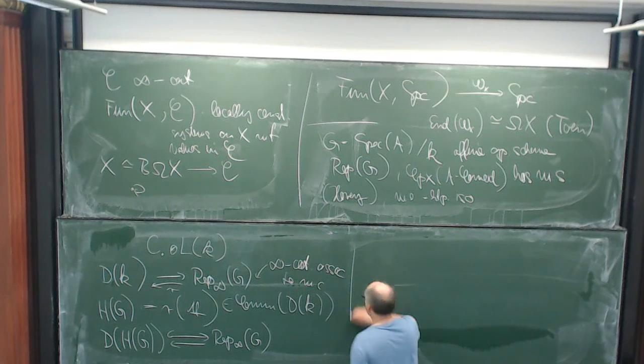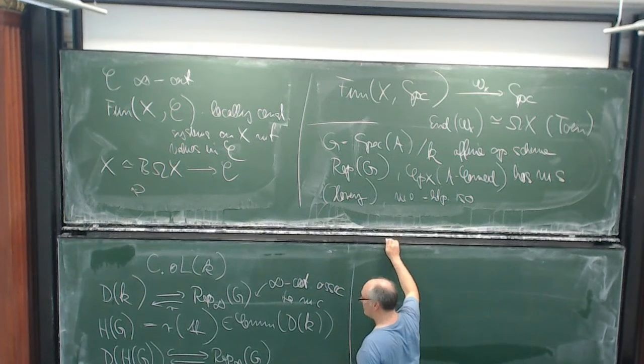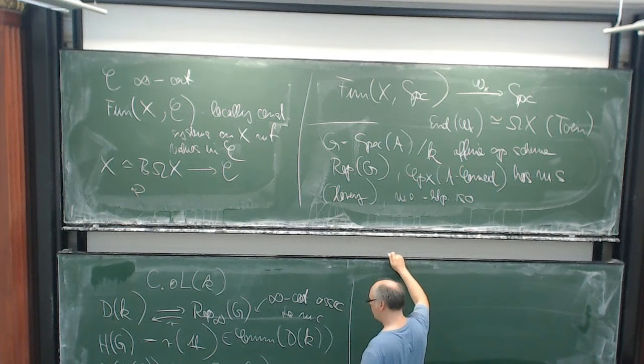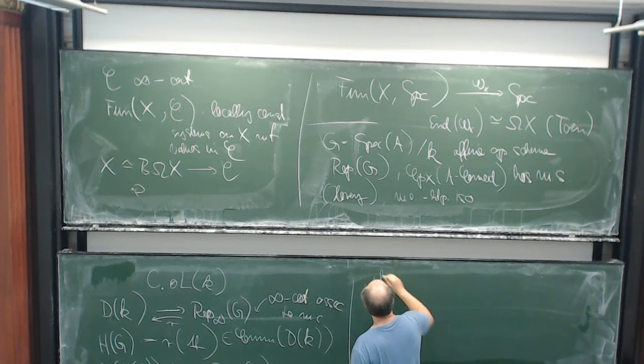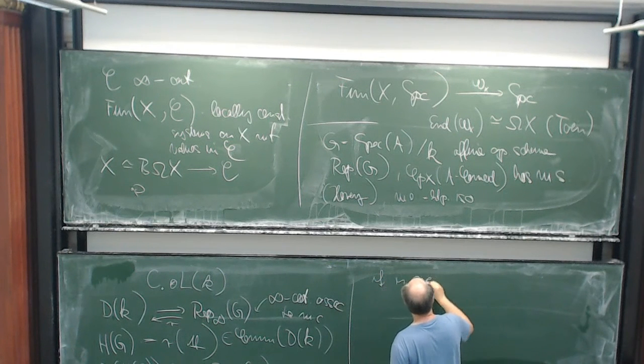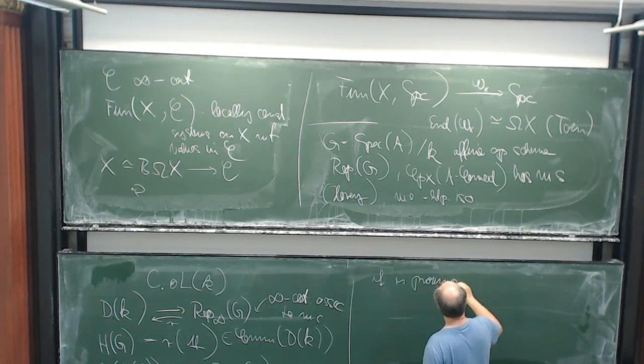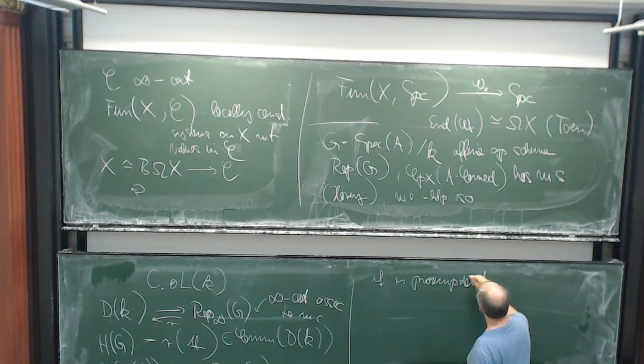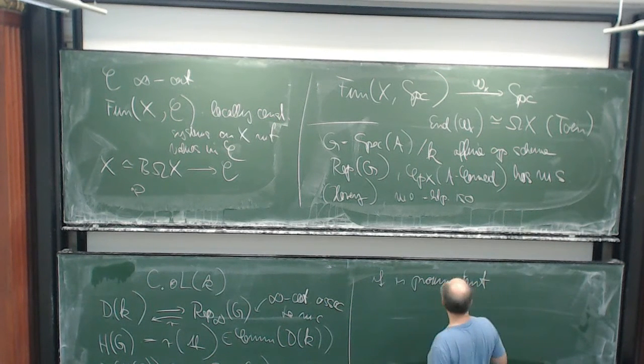And then to achieve an equivalence, we can just demand that G is pro-unipotent. So if G is pro-unipotent, we arrive at an equivalence.